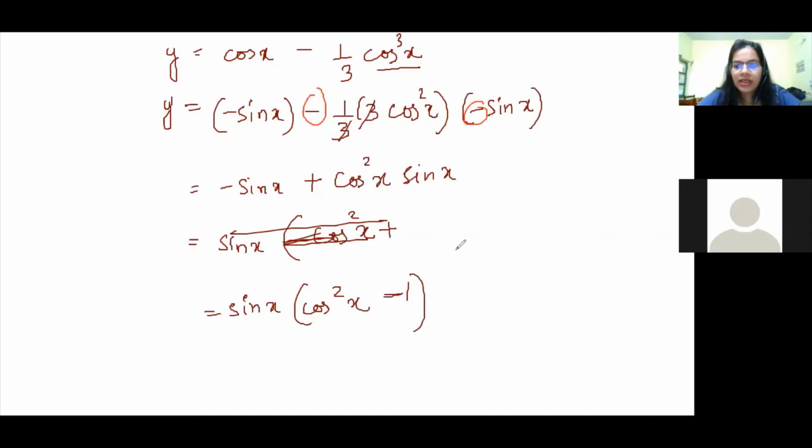Now one more formula: sin square x plus cos square x is equal to 1.